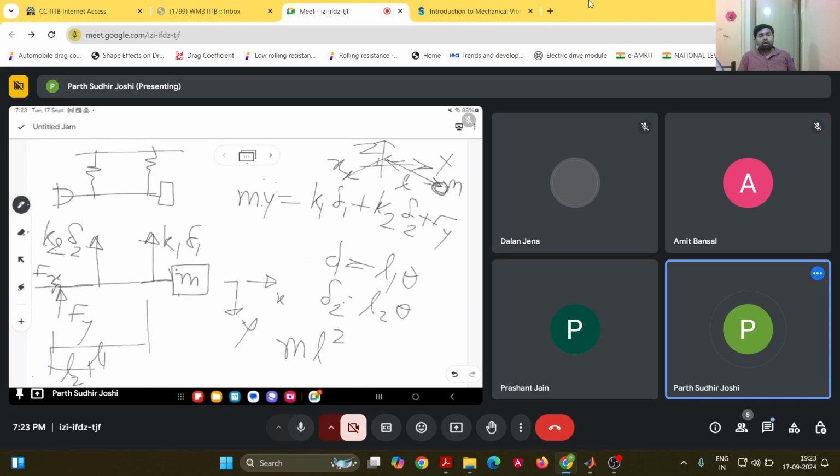Now if we take the moment of inertia of this point mass about its own center of mass, it will actually be zero.